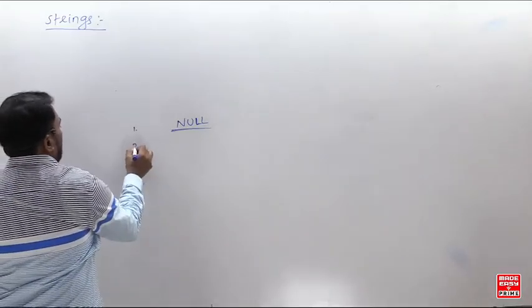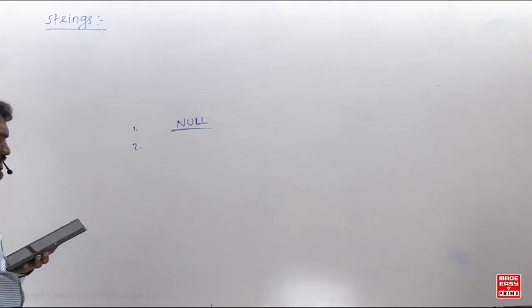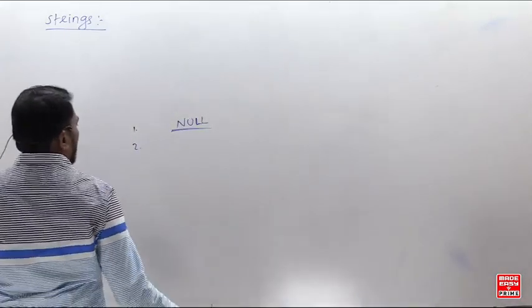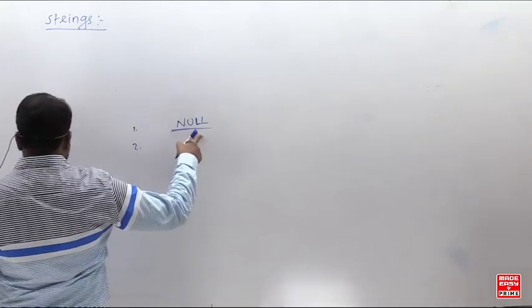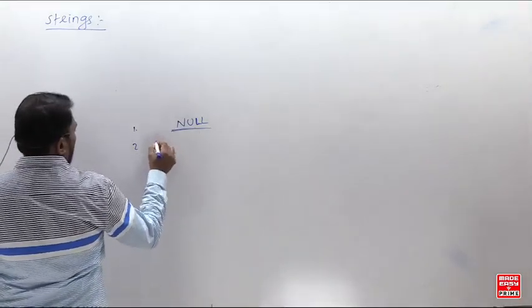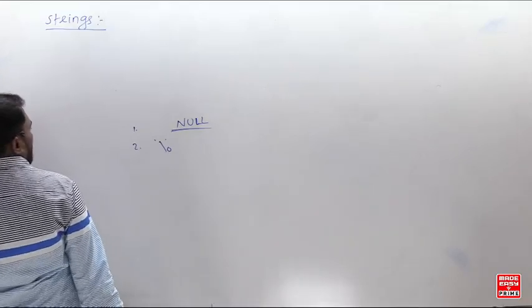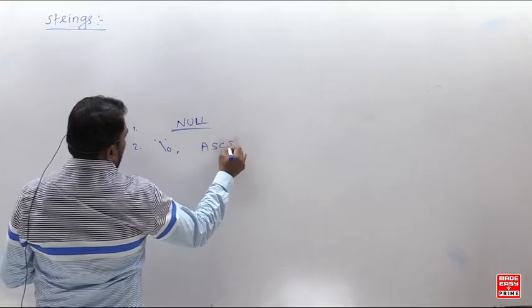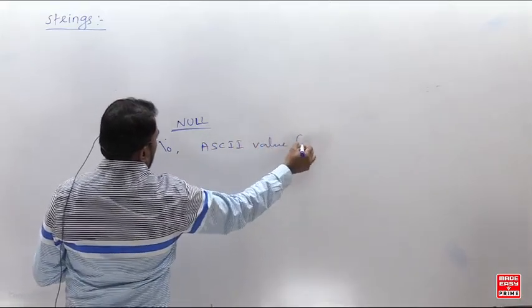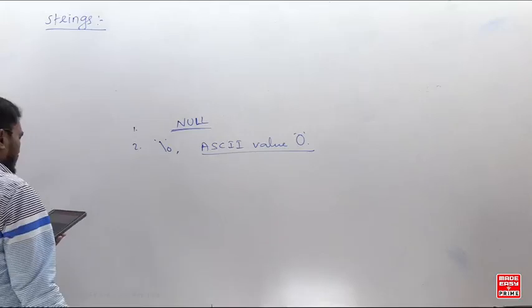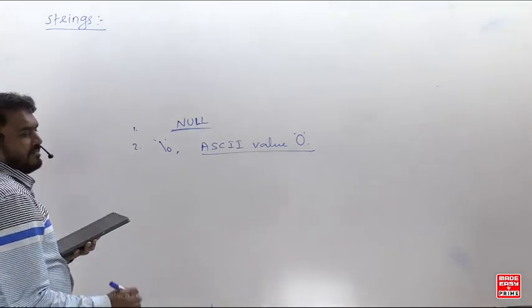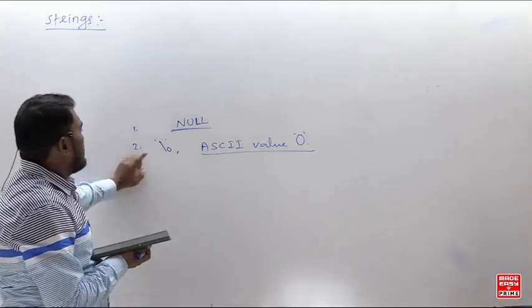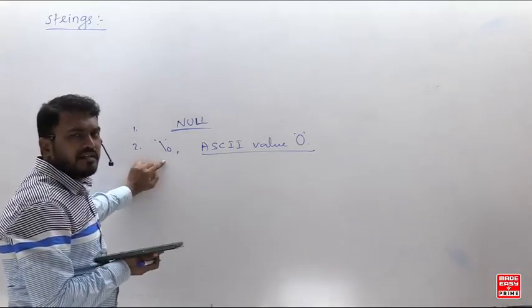Second point. Null character representation is \0, and ASCII value is 0. Okay, how do we write the null character? \0.